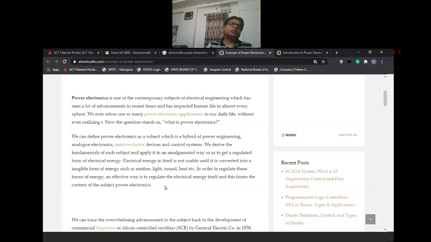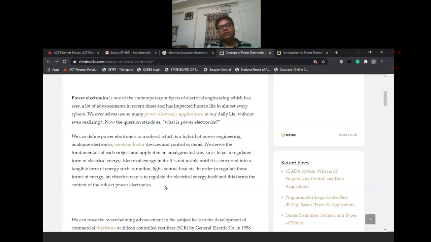Also the ratings of the voltages and currents, from generation and transmission to distribution level where the loads actually utilize the electrical energy, are very high when compared to the normal electronic component operating voltage and current ratings.